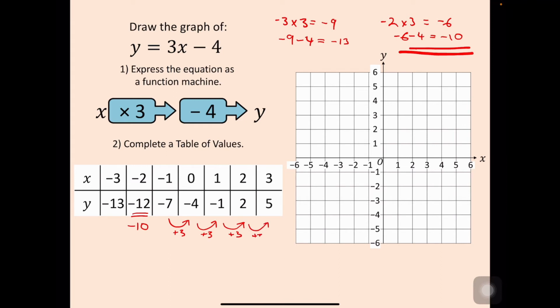Because the coefficient of x is 3. So we need to add 3 each time. However, this looks out of place, and the value it should be is -10, because if you start at -13, add 3, you get -10, and to get from -10 to 7, you have to add 3.